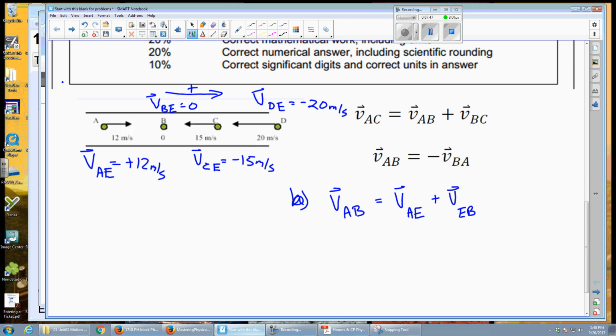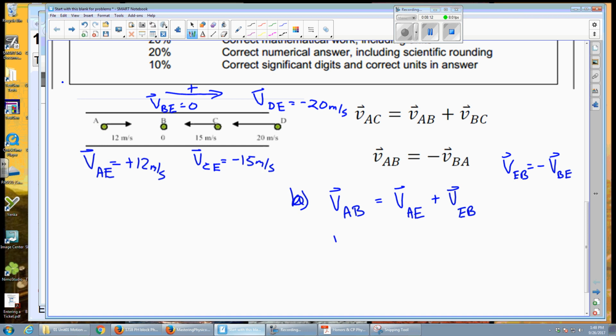Because the velocity of the Earth with respect to B is the negative of the velocity of B with respect to the Earth, using that second equation there. What is the velocity of B with respect to the Earth? 0. So what's the negative of 0? 0. It's kind of freaky.